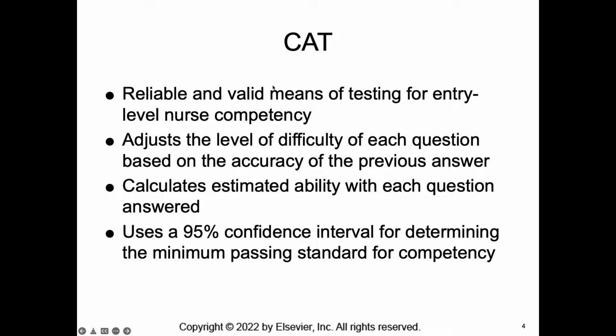So this adaptive test is reliable and valid. It will adjust the level of difficulty of each question based on the accuracy of the previous answer, and it calculates the estimated ability with each question answered as well. So it uses a 95% confidence interval for determining the minimum passing standard for competency, and that is very reliable and valid.